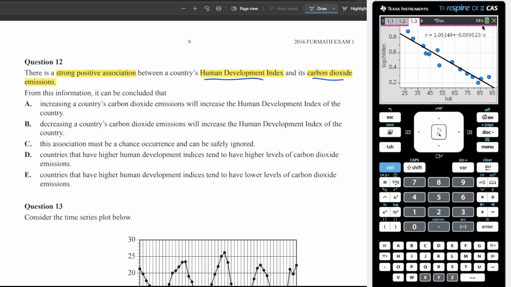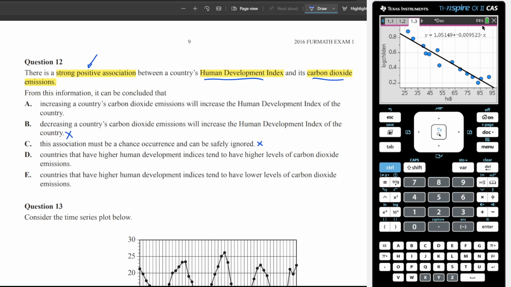It could be A, but let's come back to that because we want to choose the best answer. Option B: decreasing a country's carbon dioxide emissions will increase the HDI. Well, that's not true because there is a positive association. An increase in one variable is associated with an increase in the other. Option C: this association must be a chance occurrence and can be safely ignored. Oops, sorry, I didn't mean to choose B. I meant to say it's not B. Well, it's not C either. It can't be ignored because it is a strong association.